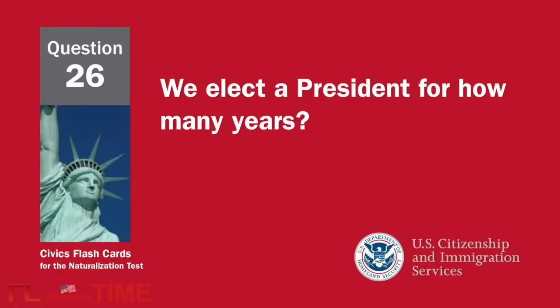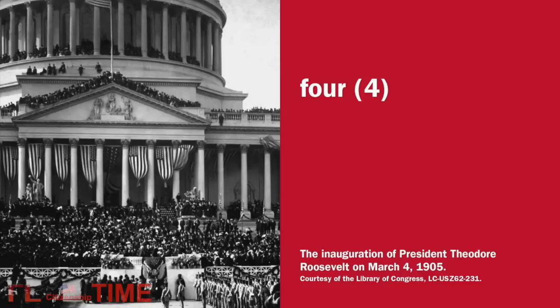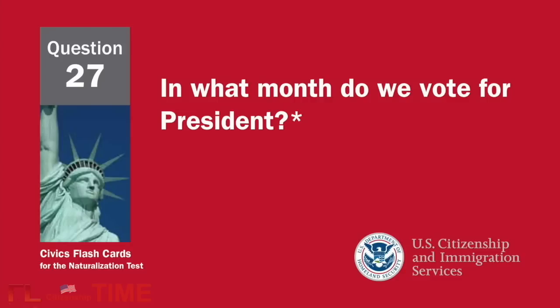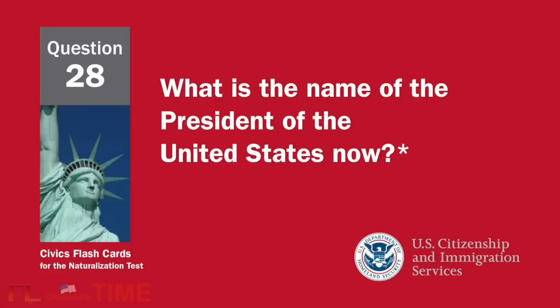We elect a president for how many years? 4. In what month do we vote for president? November. What is the name of the President of the United States now?